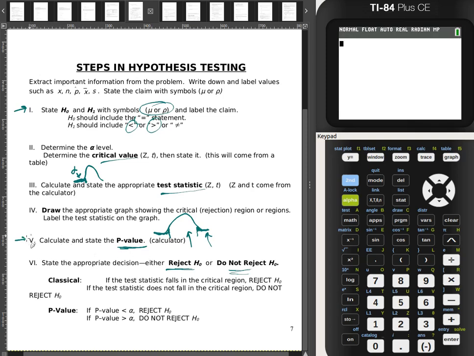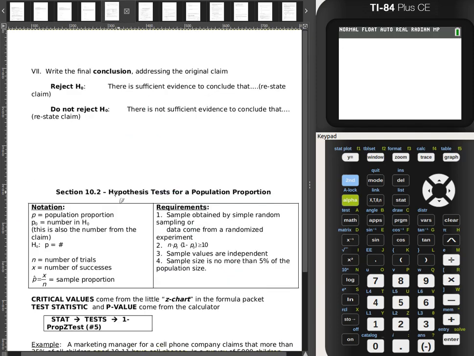Basically, you could omit step number 5 if you're going with the classical approach, because the p-value doesn't really matter. The p-value is used as our criterion if we want to compare it to the level of significance, versus comparing our test statistic with the critical region. I don't want to be too confusing, but we'll see a couple of examples where we use the classical approach versus the p-value approach, and it should be all fine.